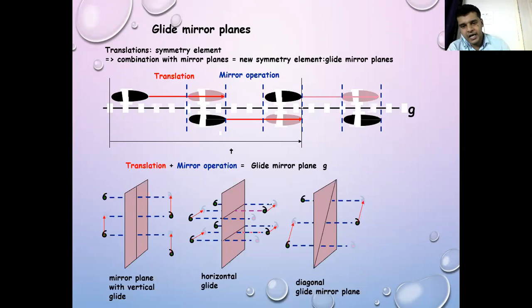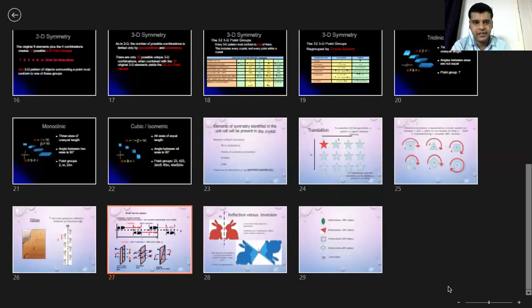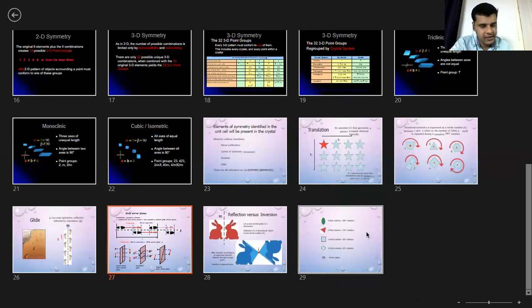Okay, so I told what translation is. The translation repeats the object or point in an infinite direction, and there is no change in structure, and reflection is the same as mirror image.